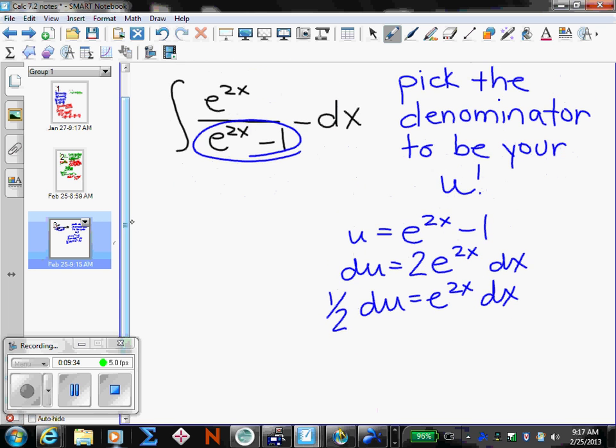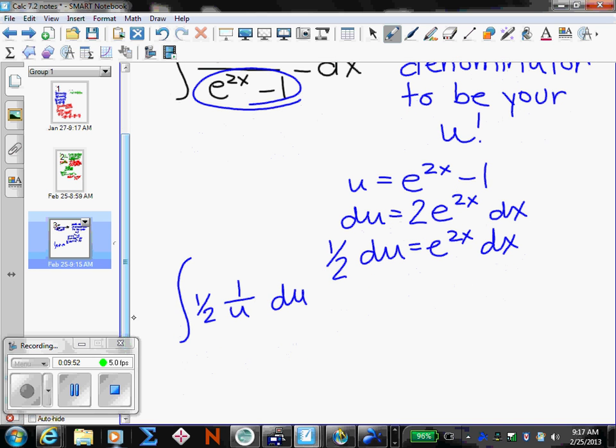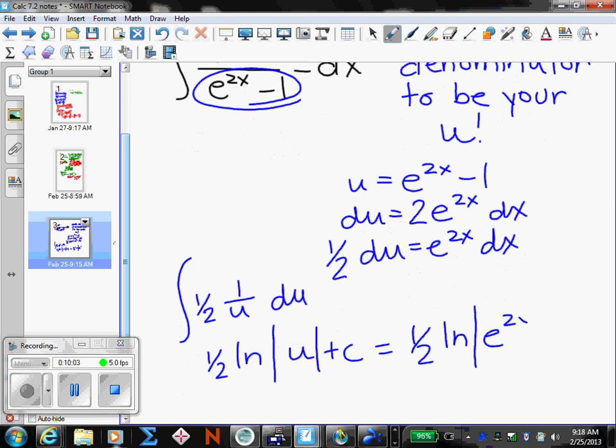My numerator is the same thing as 1/2 du. My denominator is my u. So I am going to integrate 1 over u. So 1/2 natural log of the absolute value of u plus c, or 1/2 natural log of the absolute value of e to the 2x minus 1 plus c.